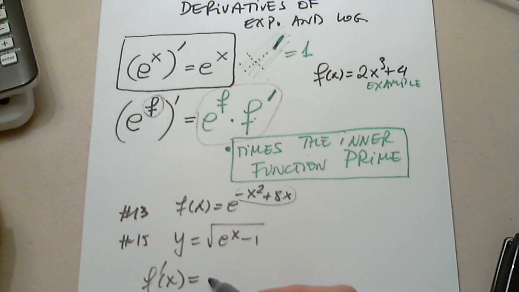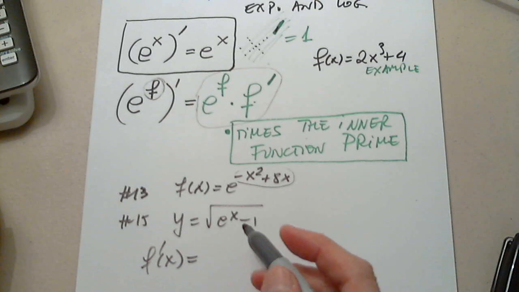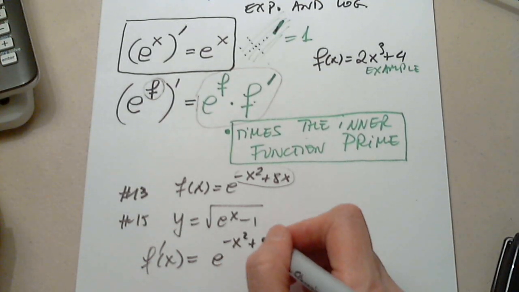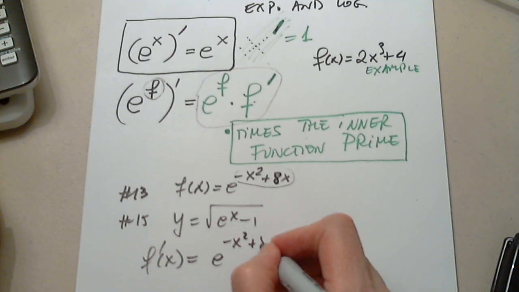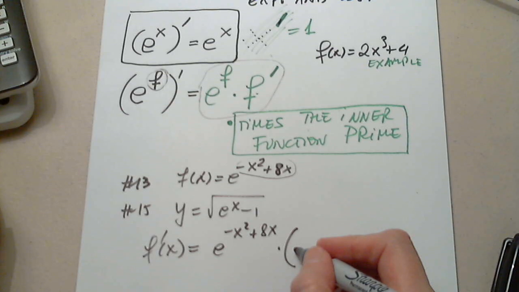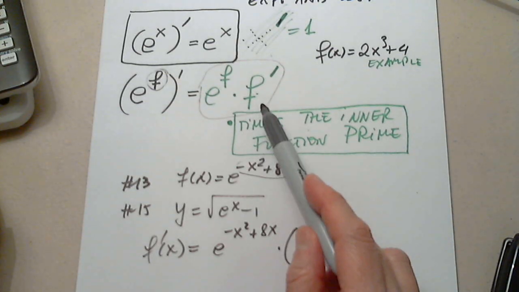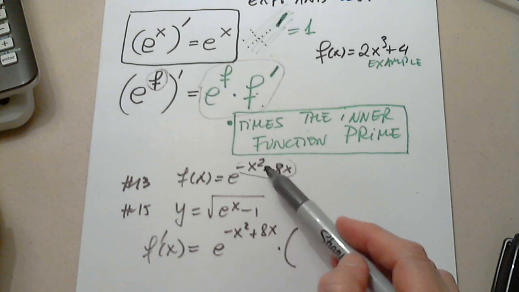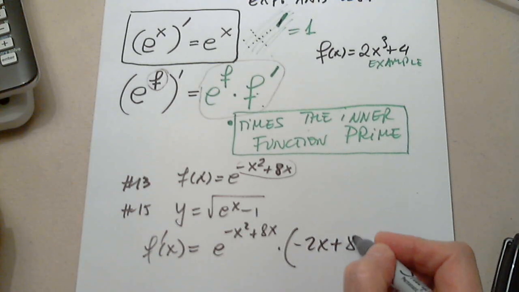No one is courageous enough? Would it be e to the negative x squared plus 8x times the derivative of negative x squared plus 8x? But it's f prime. Would it be negative 2x plus 8? That's it. Done.